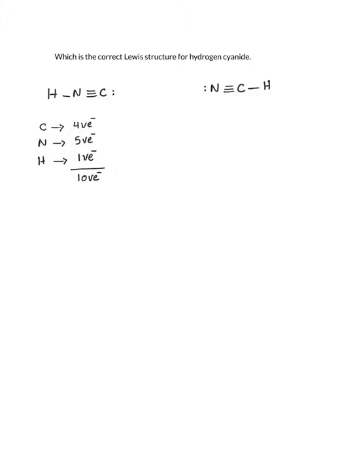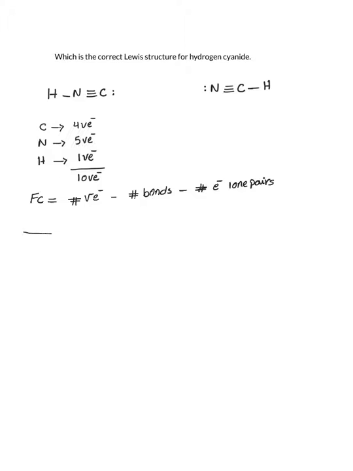The tool here that can help us to figure out the best structure is the formal charge. So if you remember from the previous video, formal charge equals the number of valence electrons on a specific atom minus the number of bonds connected to that atom minus the number of electrons in the lone pairs on that atom.